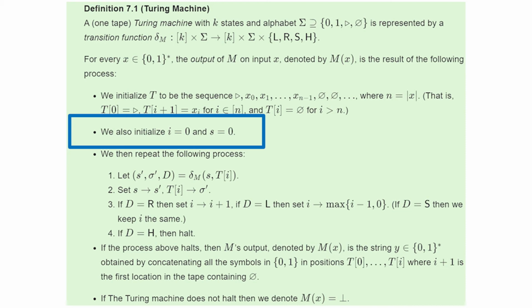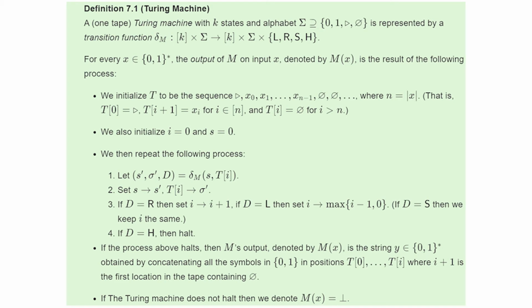And over and over again, repeatedly, we're going to do the following process. We're going to apply the transition function to the current state S and the character at tape index I. And that's going to give us our triple of a new state, S prime, a character, sigma prime, and a direction D. And what we're going to do is change the state S to become S prime, our new state.